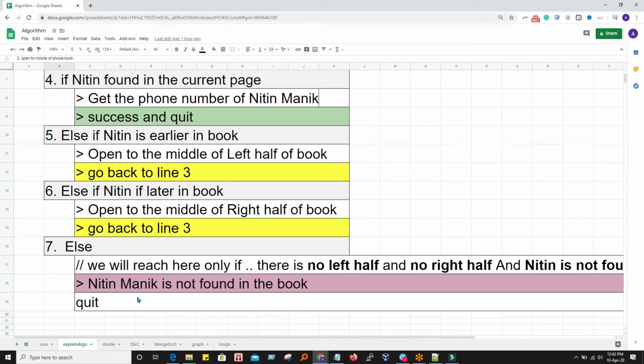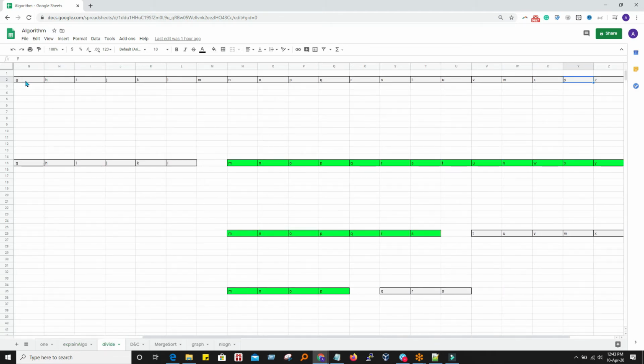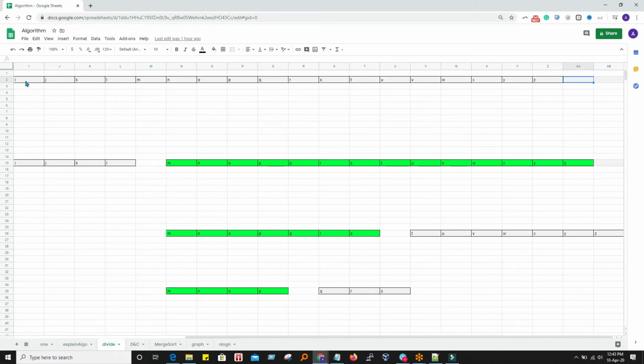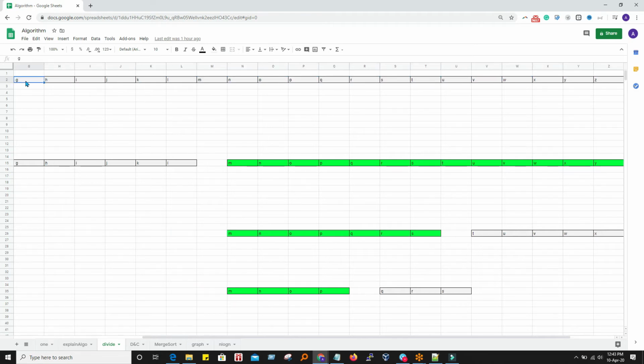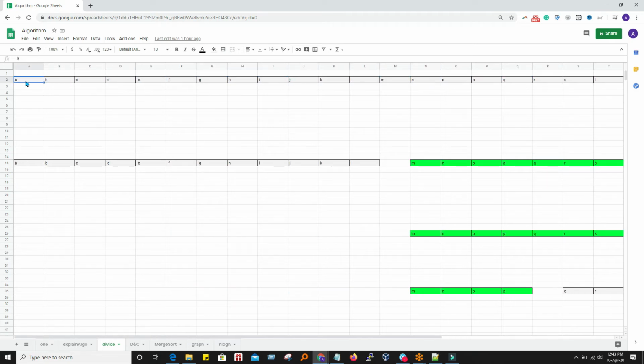So you have to print this message that the phone number is not present, searching until G, because in the phone book you would have only people with names starting with A, B to G, right? So for example, if you're searching for a person with name M, how do you do it?